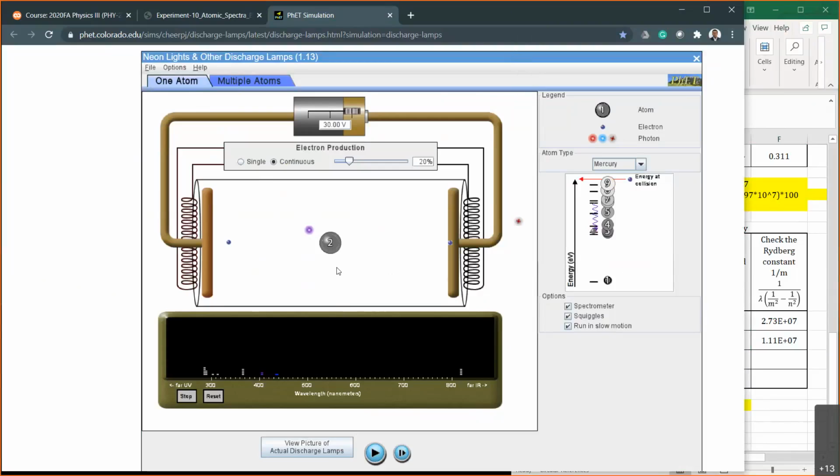Let's check the other two. There should be two more colors, right? Let's continue this one. Let it run and then see what other colors are possible. I think there should be at least one other color.